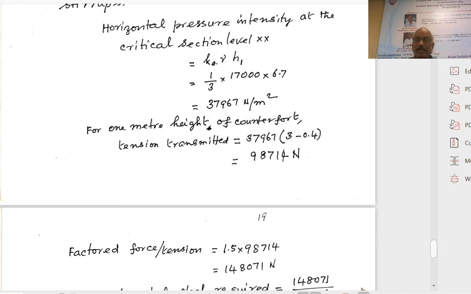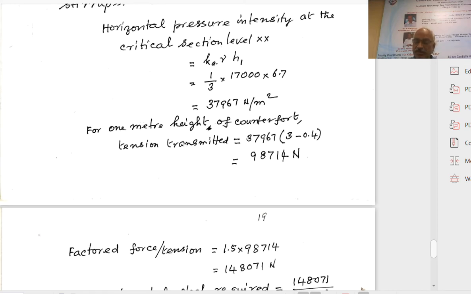So that is equal to 98714 newtons. This is the force transferred to one main counterfort from 3 minus 0.4, namely 2.6 meters length of wall at the critical section.